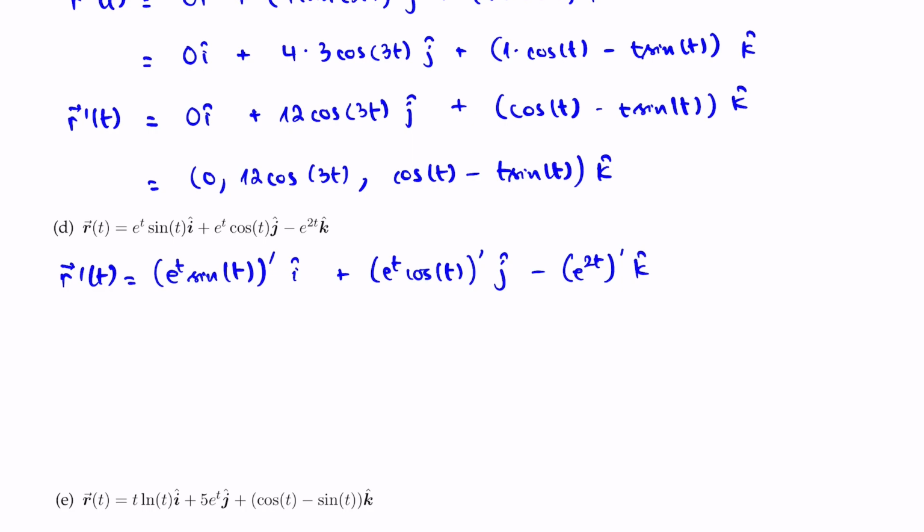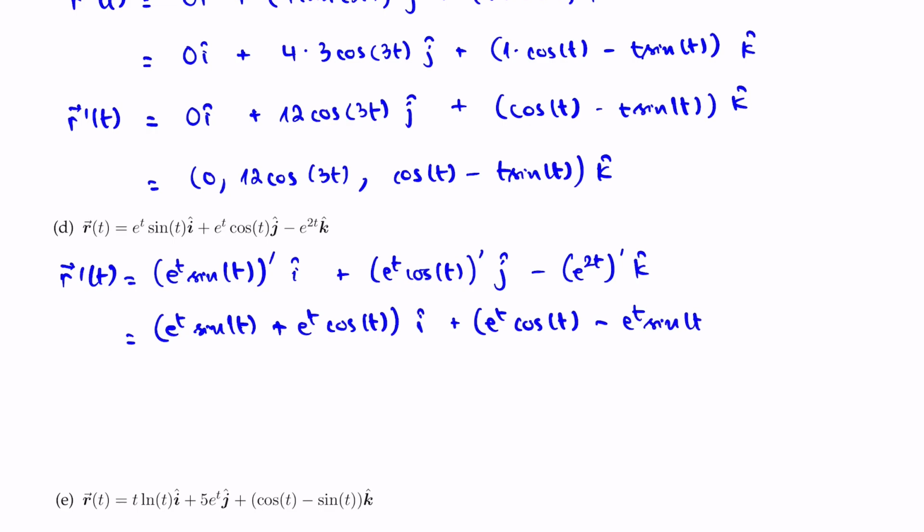So you need to apply the product rule for this component, the product rule for this component, and the chain rule for e to the 2t. So you get (e to the t times sine of t plus e to the t times cosine of t) i plus (e to the t times cosine of t minus e to the t times sine of t) j hat minus 2 times e to the 2t k hat.